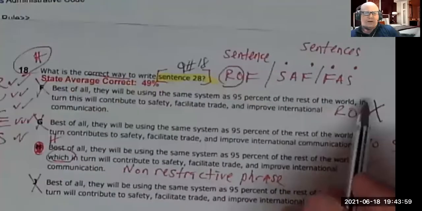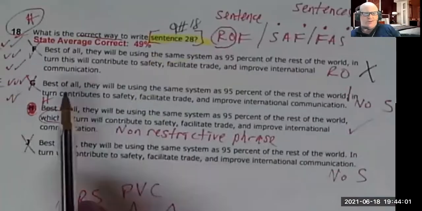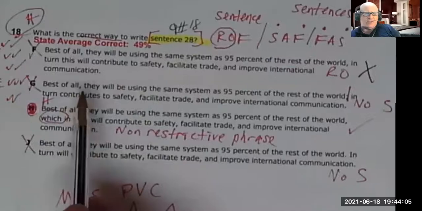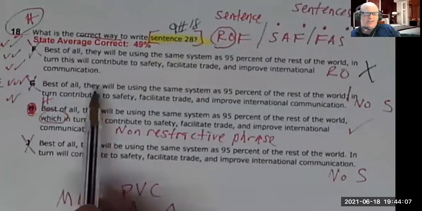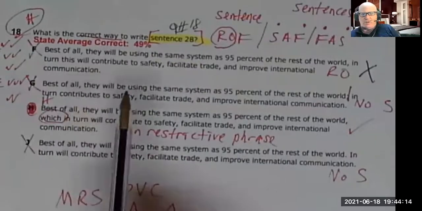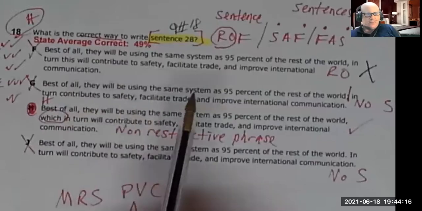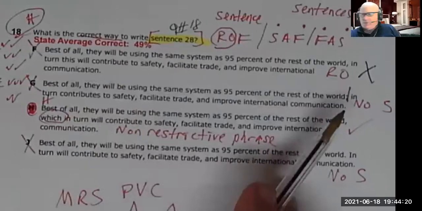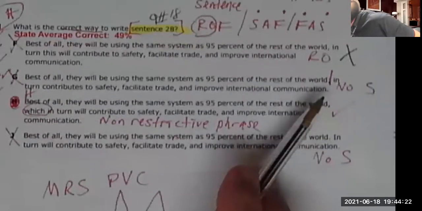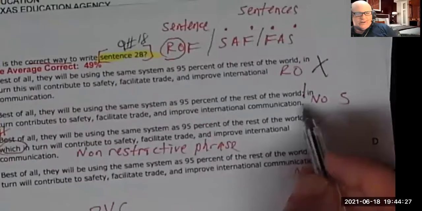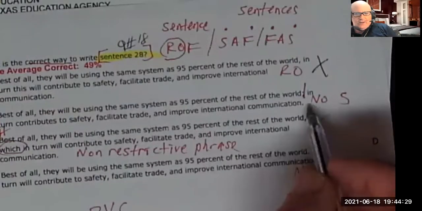Let's read it loudly and find out why. Capital, best of all, introductory phrase. They, whoever they is the subject, is replacing, that pronoun is replacing whoever they were talking about in the sentence before, will be using the same system as 95% of the rest of the world. And you see there that, I'm sorry, this is the wrong answer.